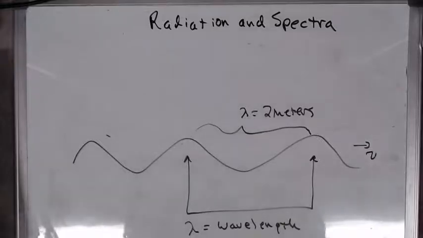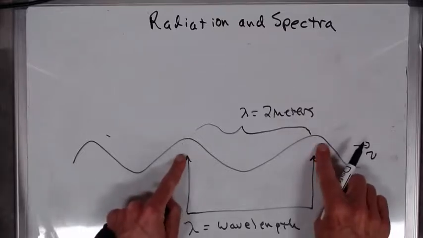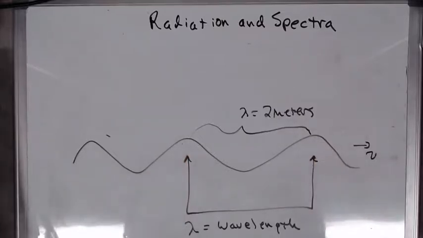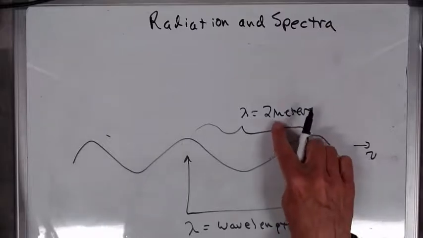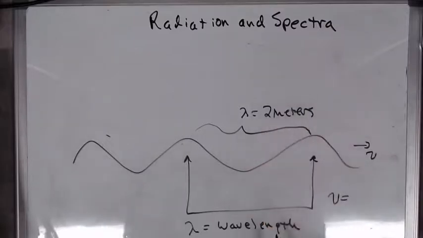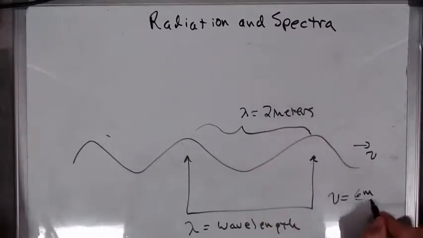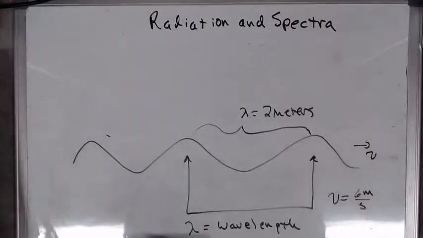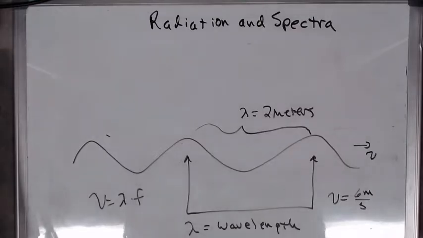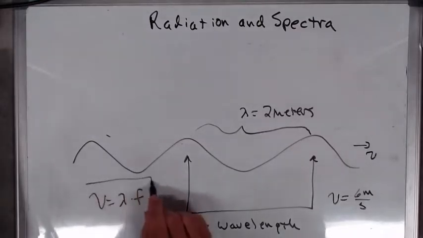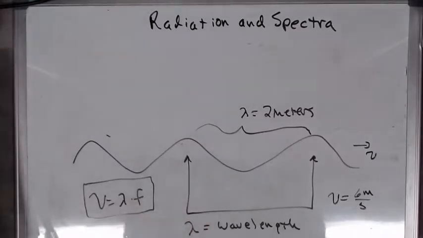If they're 2 meters apart and there are 3 waves per second, that means my velocity is 2 meters times 3 waves, so it's 6 meters per second. The velocity of a wave is equal to the wavelength times the frequency for any wave.